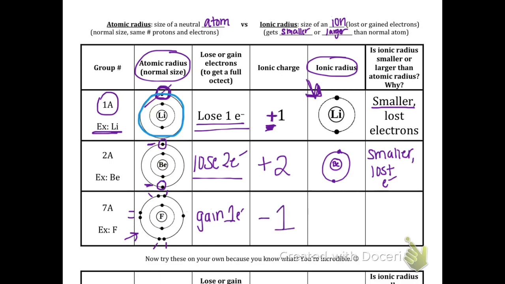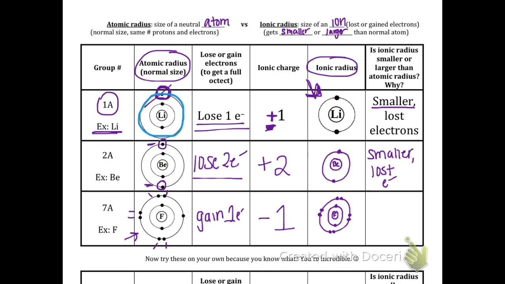Okay, -1 charge. So going back to the next screen, we know that gaining 1 takes me to -1, and let's draw our picture here. So I have fluorine, and I normally have 1, 2 here. Then it goes 1, 2, 3, 4, 5, 6, 7, and I'm going to add my 8th dot. So now I look like a full noble gas.